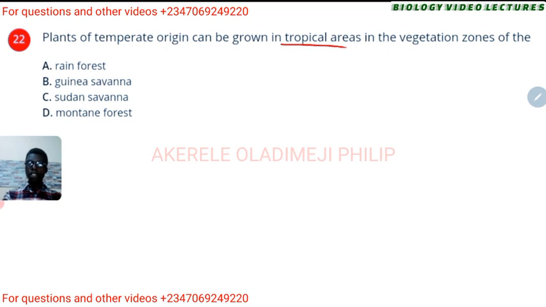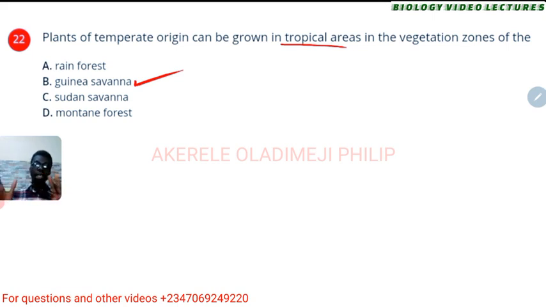All right, so the Guinea savanna. Rainforest is wrong, because rainforest is totally tropical, with more rainfall and all of that. Guinea savanna is dry, but there's a part of it that exhibits some lesser temperature, not extremely hot, because the likes of Sudan savanna are very hot.